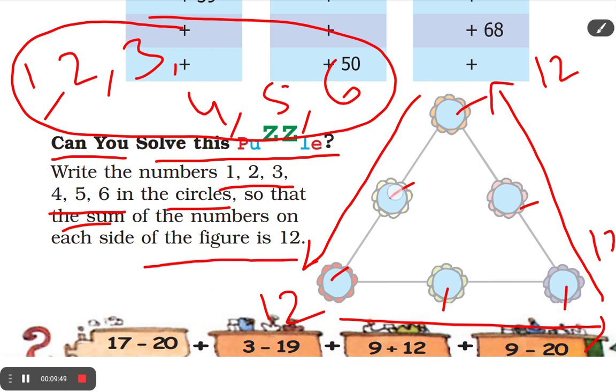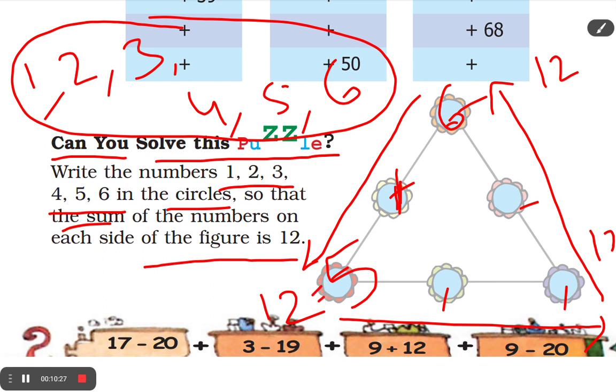Suppose I write here 1, and here 6. So 1 plus 6 is 7. Which number should I write here to get 12? Yes, I should write here 5. 6 plus 1 is 7, and 7 and 5 is 12. So it gave me 12.